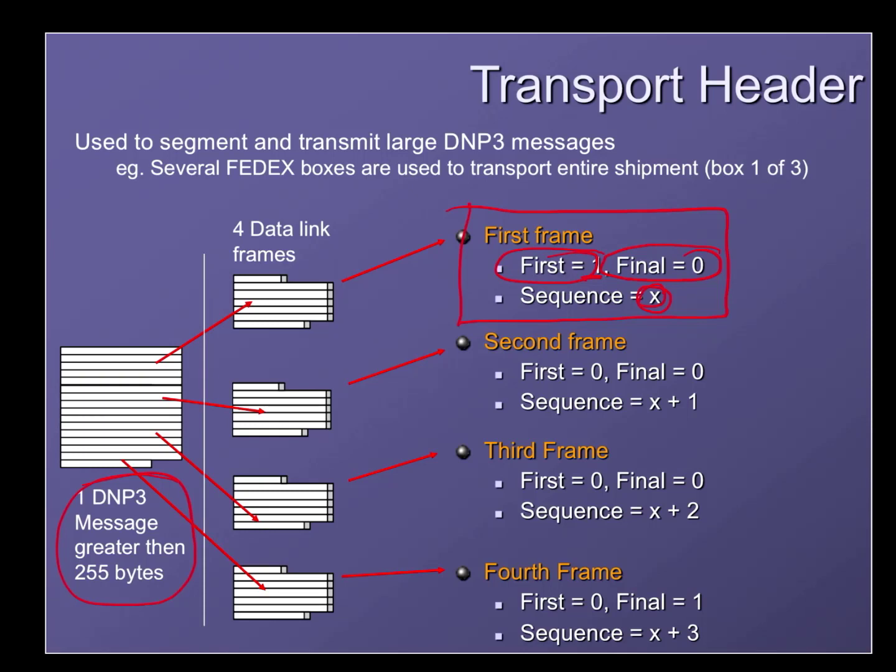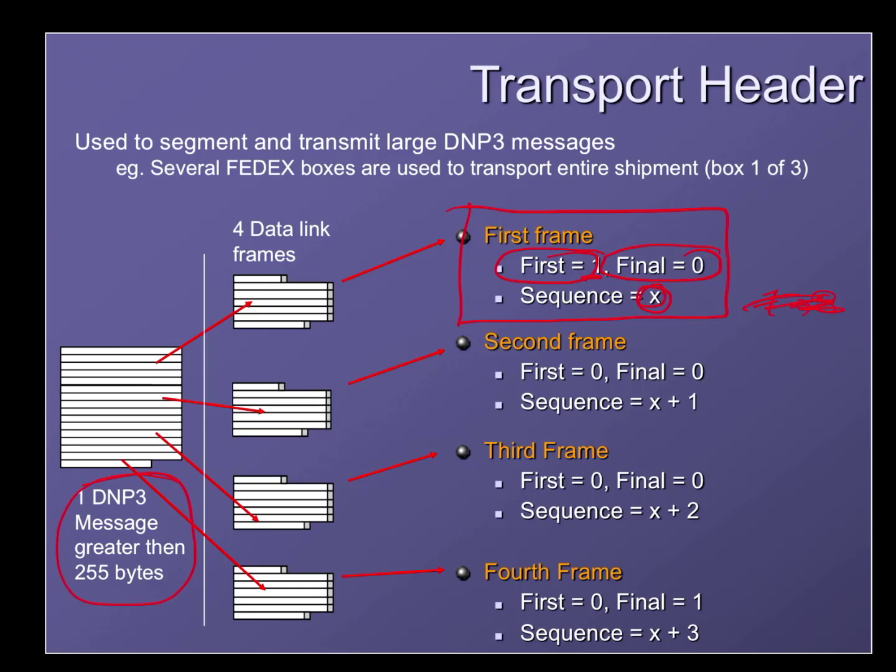So if the last multi-frame message had a value of 7, then on the next one, even though it was the first frame, it would go up to 8. So that's why we can't just say the first frame of a multi-frame message is always going to be sequence 1. Hope that makes sense.